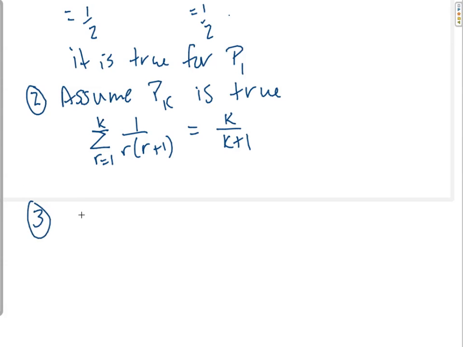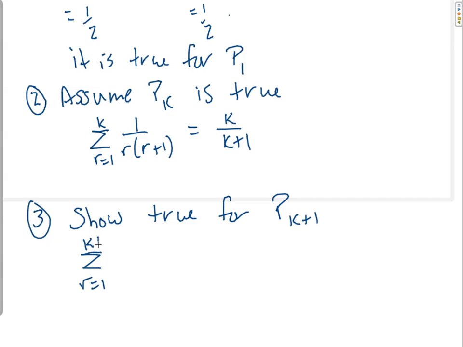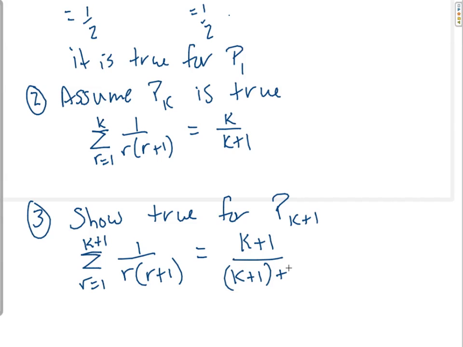The third step says I must show it is true for P sub k plus 1, which means that this sum, r equals 1 to k plus 1 of 1 over r plus 1, equals k plus 1 over k plus 1 plus 1, which I know is k plus 1 over k plus 2.